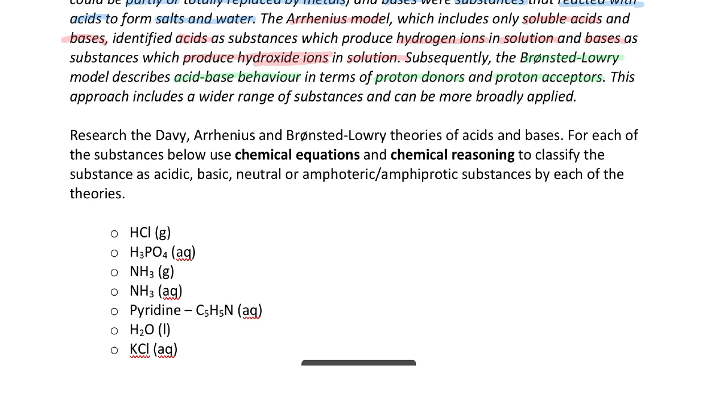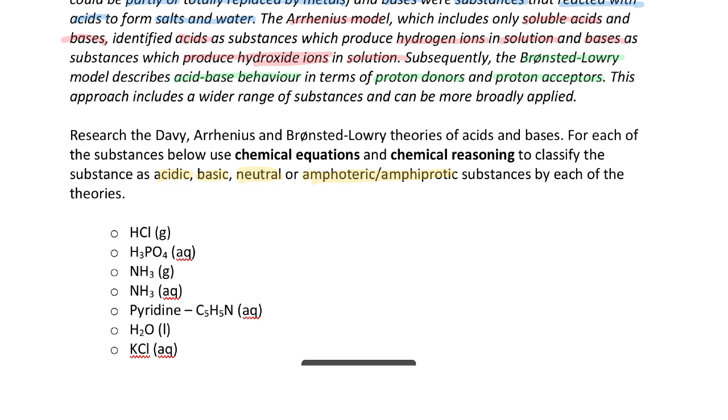Acidic and basic depend on the definition that we've got up there. Neutral means that you fit neither under the category of acid or base. And amphoteric or amphiprotic means that you can act as both an acid and a base. So we need to be able to work out what each of those substances is under those theories.